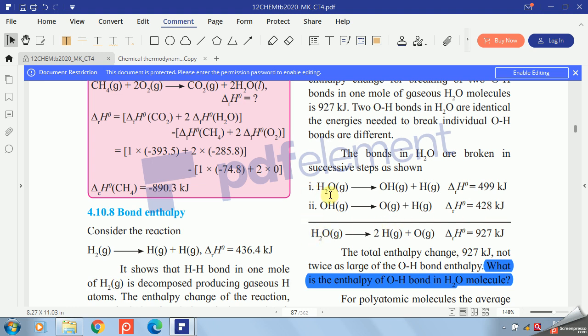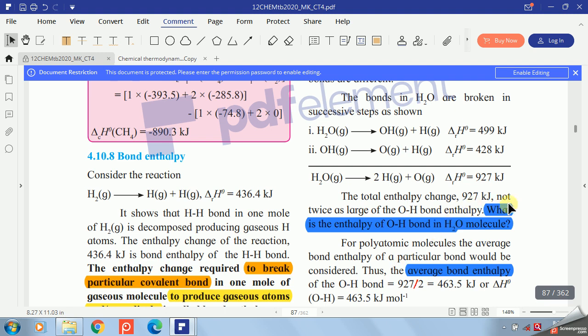In short, if we combine these two equations, H2O gas gives 2H plus 1O, and the enthalpy is 927. So the total enthalpy change is 927 kilojoule, not twice the O-H bond enthalpy.